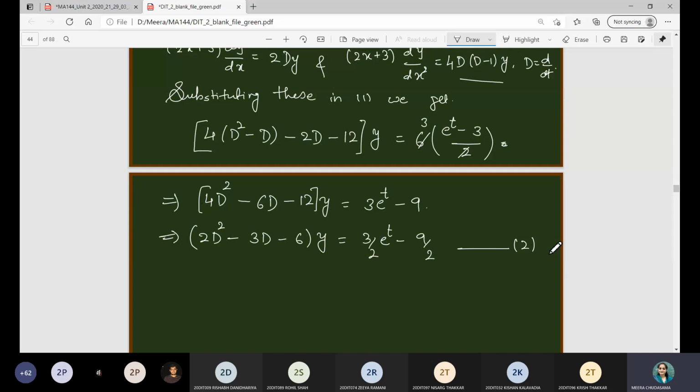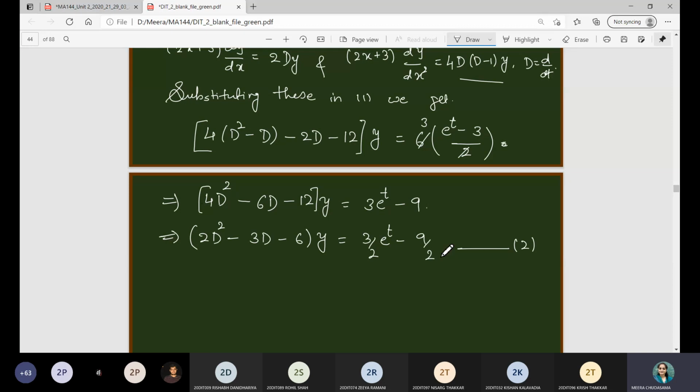I will give this as equation number 2. Okay, so now we have converted the Legendre differential equation with variable coefficients into a differential equation with constant coefficients, and you know how to solve such a differential equation.